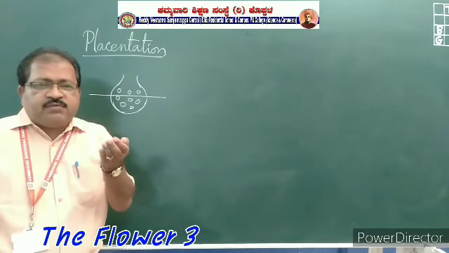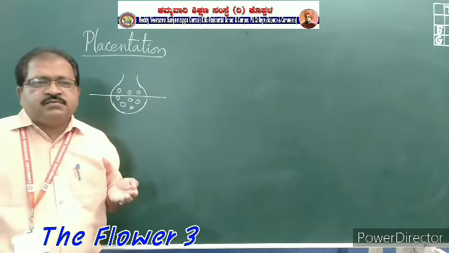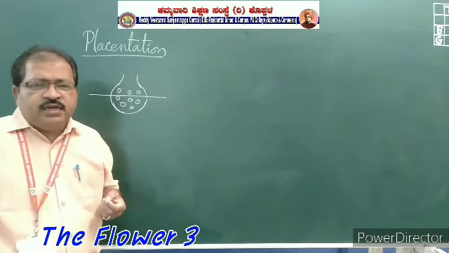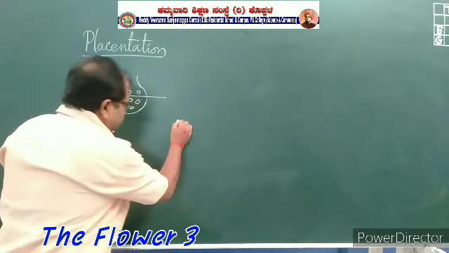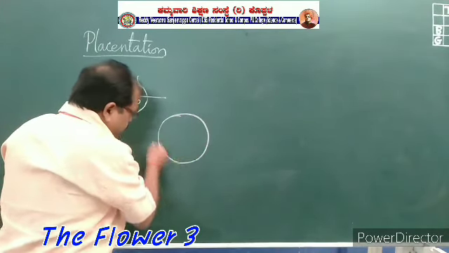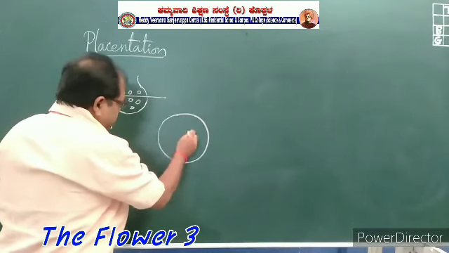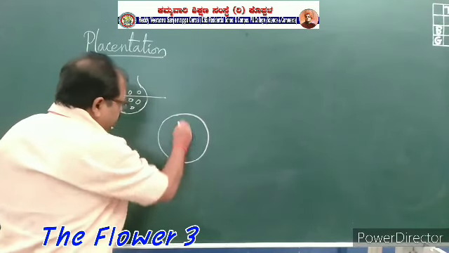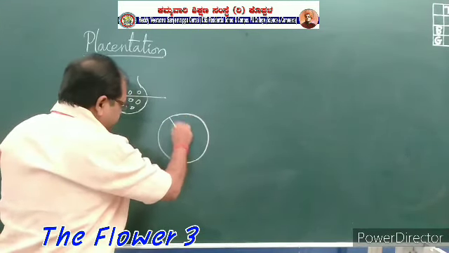Take one slice from the ovary, and it will be like this, a round-shaped structure, with a middle axis.